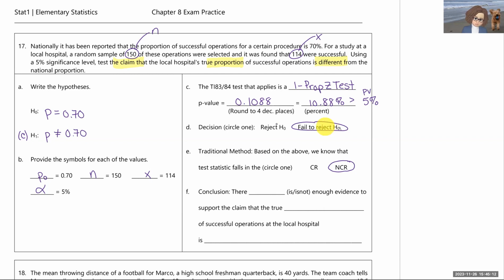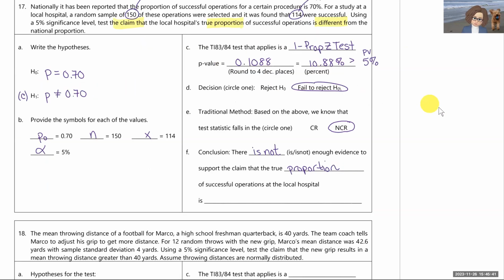All right, and when we fail to reject the null, it means there is not enough evidence to support that claim that the true proportion of successful operations at the local hospital is, and we're just rewriting the claim here, not enough evidence to support the claim that the proportion is different from the national proportion.